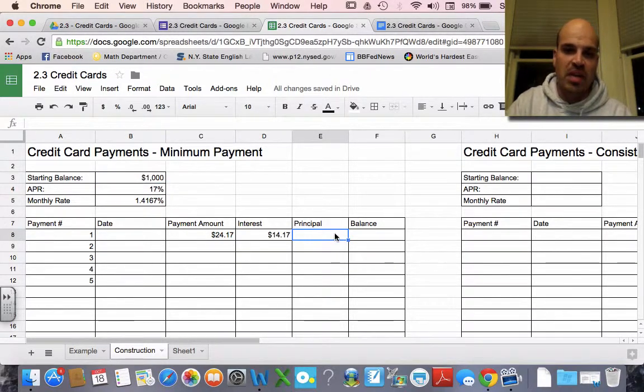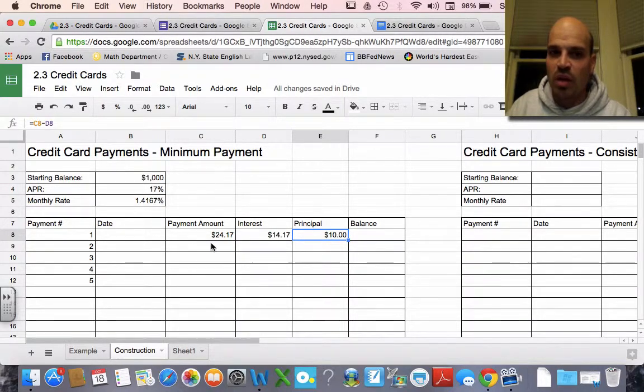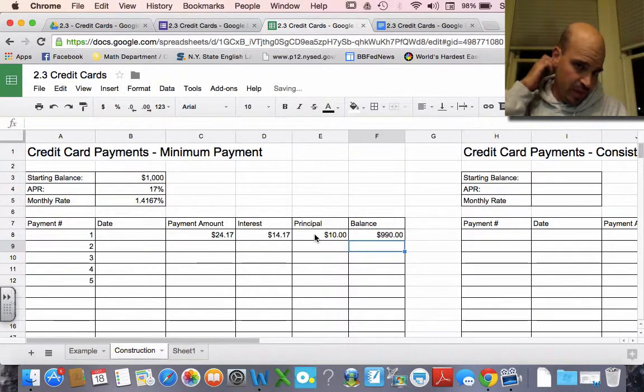So I'm going to take my payment amount, how much I pay the bank, minus their share, the $14 I owe them in interest. That means $10 of my $24 went to pay off the $1,000 that I borrowed, which means my balance is going to equal the 1,000 minus the principal, and that's $990.